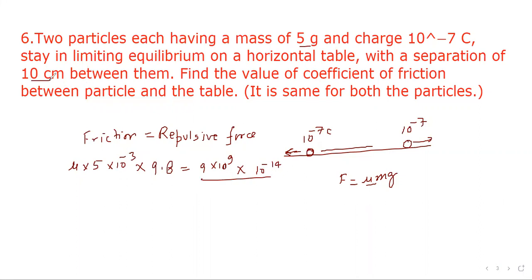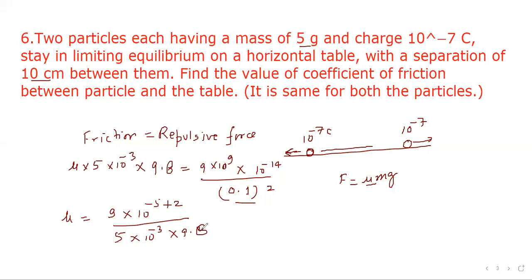Here separation is given as 10 centimeter, so 0.1 square. We simplify. So mu equals 9 into 10 to the power minus 5, and from here it will give 10 power 2 positive, because 0.1 is 1 upon 10, divided by 5 into 10 to the power minus 3 into 9.8.